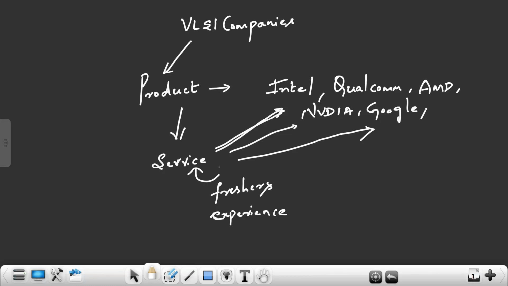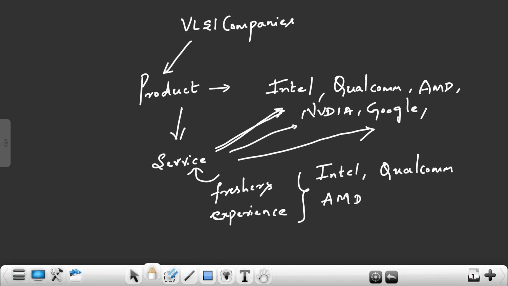That is how service-based companies work. But what is the advantage of working in service-based companies? You will not only work with one company, you will work with all of them. One project you may work with Intel, another with Qualcomm, another with AMD. So you have experience of all the companies.